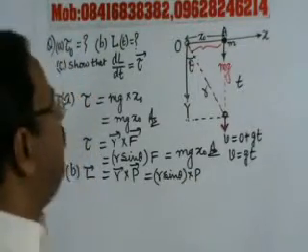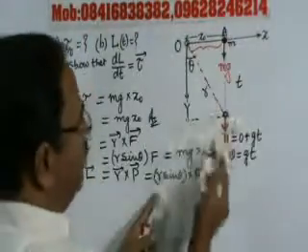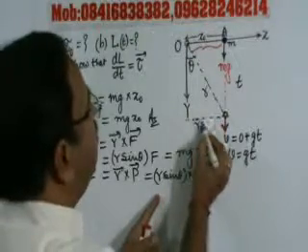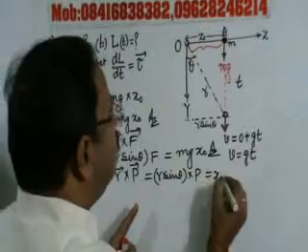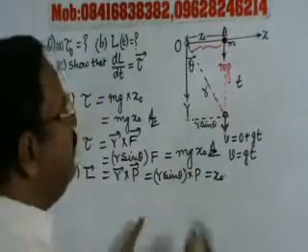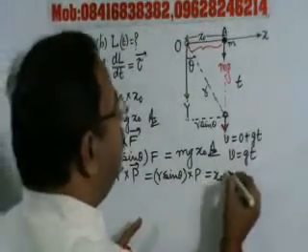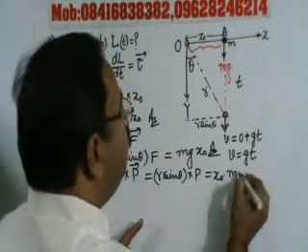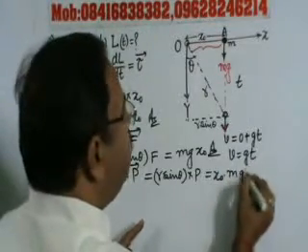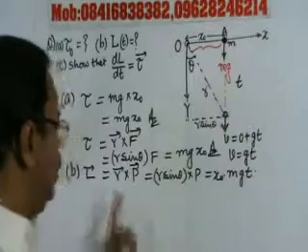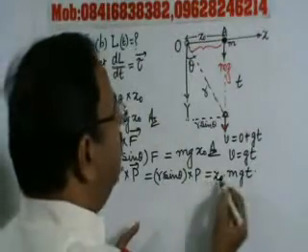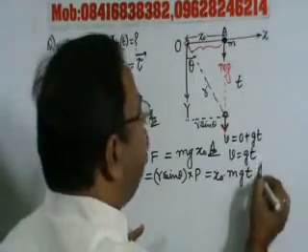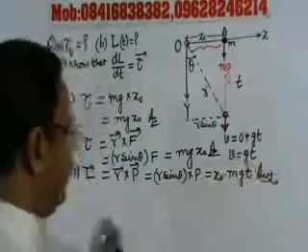And what is the value of r sin theta? I have shown it here. R sin theta is always equal to x naught. And p will be equal to m into v, that is m gt. So the angular momentum will be m x naught, m g t.